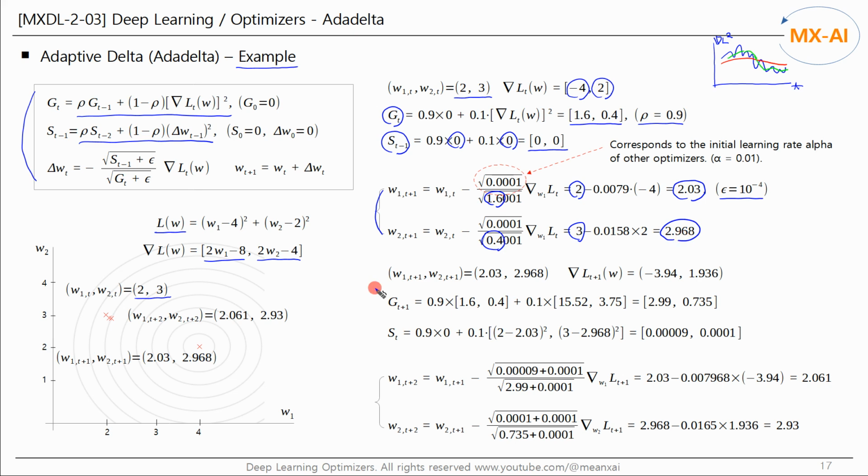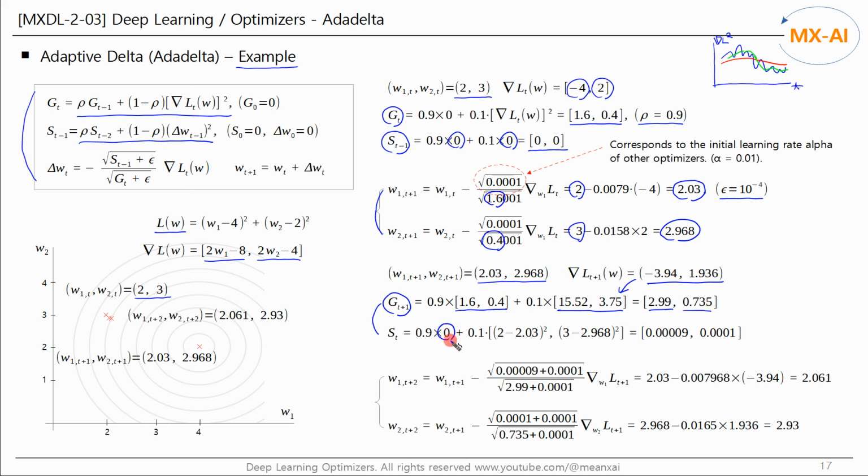Let's update W one more time. The gradients at this point are as follows. And at this point, we recalculate G and S. The previous G vector was 1.6, 0.4. And the square of the current gradients are like this. Then the G_{t+1} for W1 and W2 are 2.99 and 0.735.